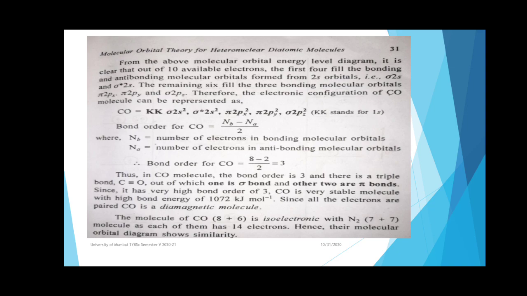The remaining 6 will fill the 3 bonding molecular orbitals, pi 2px, pi 2py and sigma 2pz. So if you write the electronic configuration of the CO molecule just like carbon and oxygen atoms, the electronic configuration of the CO molecule can be represented as CO equal to KK. KK means what? Actually the first shell.